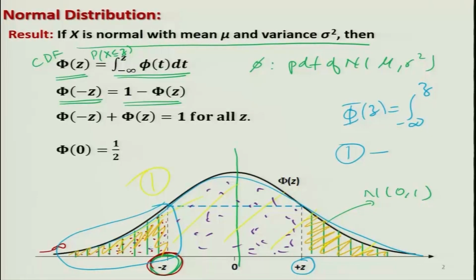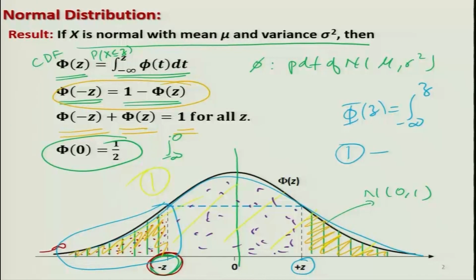That is why I can write that phi of minus z is equal to 1 minus phi of z, or in simple words, phi of minus z plus phi of z is 1 for all values of z. And if you find the value of phi of 0, that is going to be the area between minus infinity and 0, which is half of the curve, equal to 0.5.